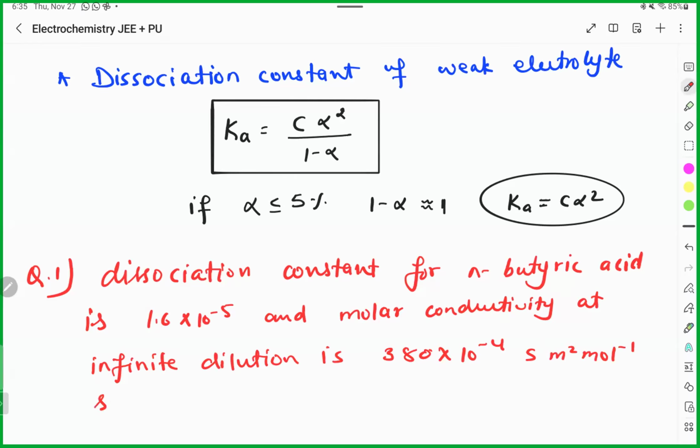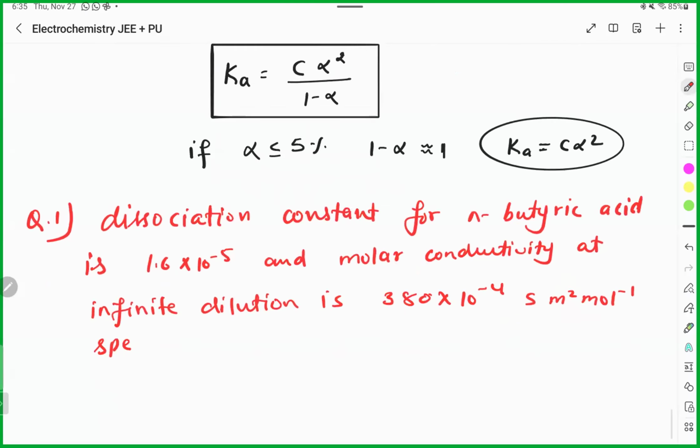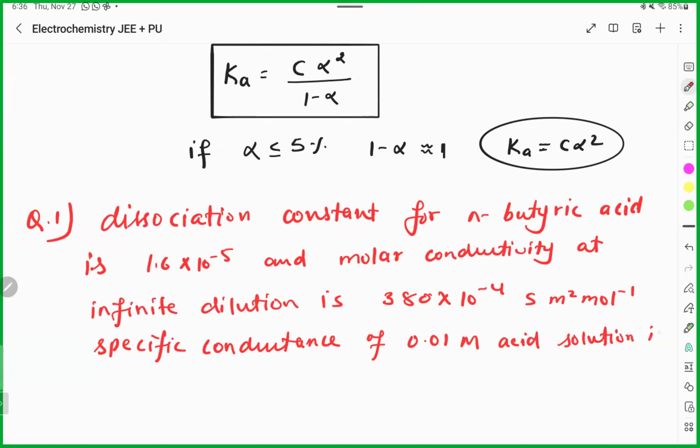Specific conductance of 0.01 molar acid solution is? What will be your answer?